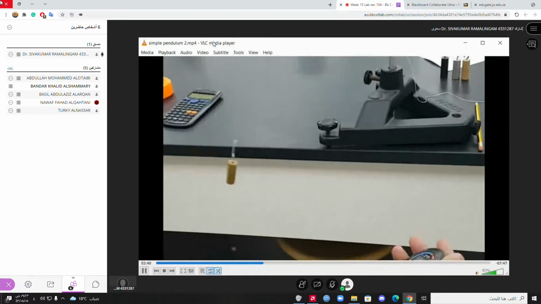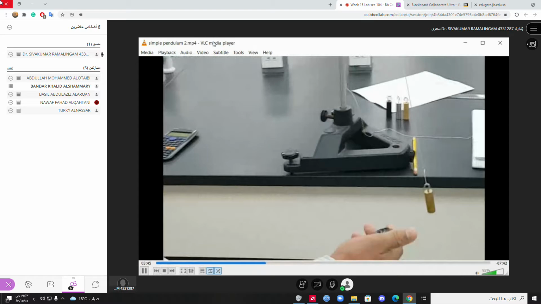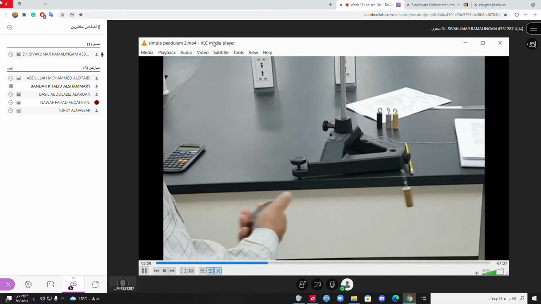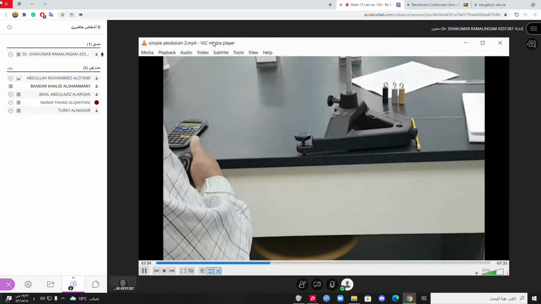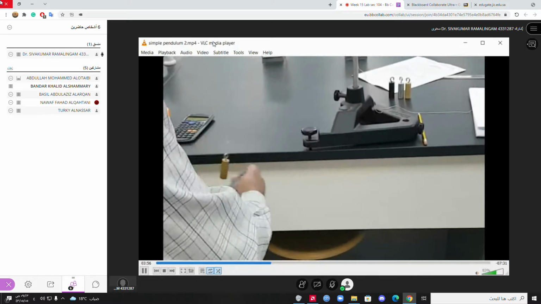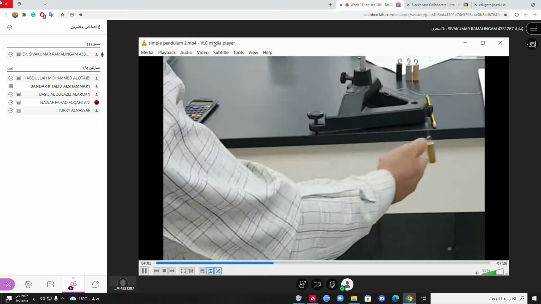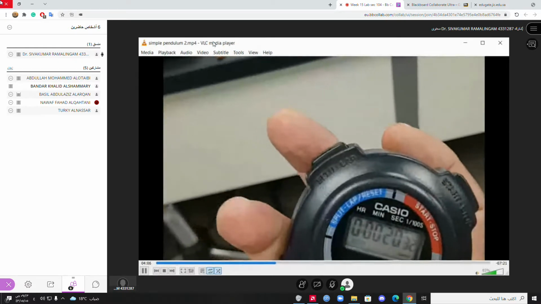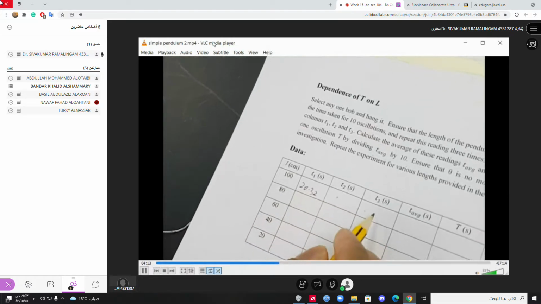Now I'm going to start counting. 1, 2, ... 20.32. Now I can write it, 20.32. Repeat the experiment three times.